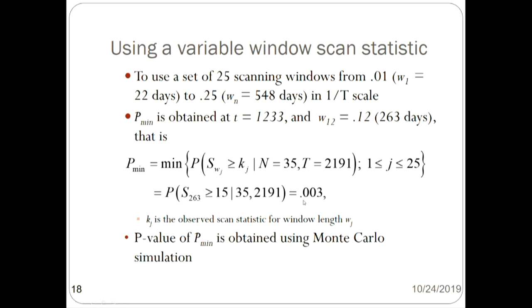We calculate the p-min test statistic, which is about 3%. The observed scan statistic, the largest number we found, is also 15, and the p-value is also small, which is also significant.